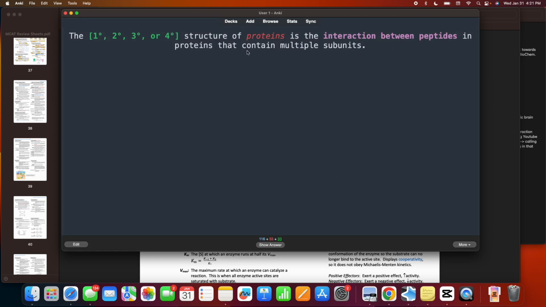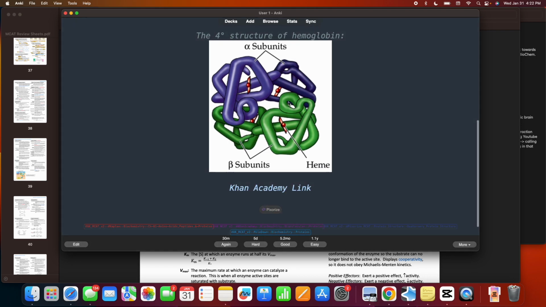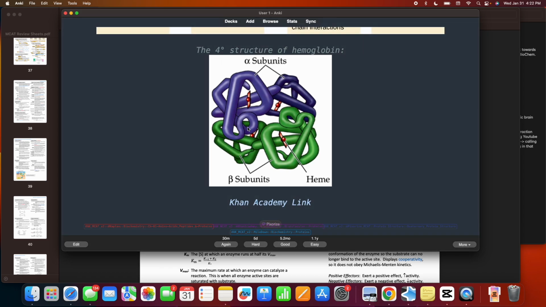This is very important. What structure of proteins is the interaction between peptides and proteins that contain multiple subunits? Multiple subunits, it's quaternary structure. This is the interaction between peptides, alpha subunit, beta subunits of hemoglobin.